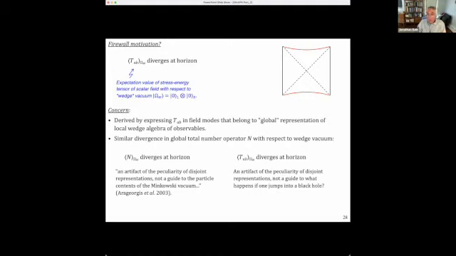In any event, suppose we take the existence of firewalls seriously. Suppose we are convinced by these sorts of derivations that justify the firewall hypothesis.